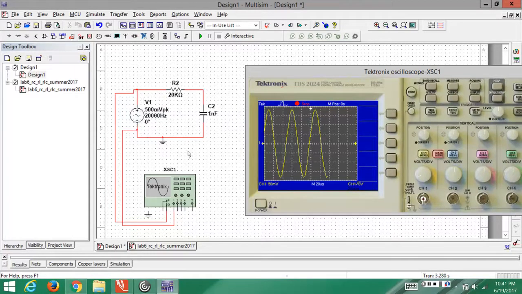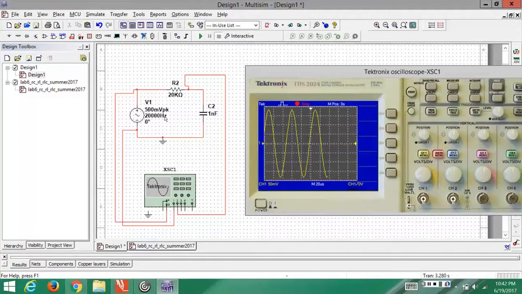And then I have channel 2 come in on the other side of resistor 2. That way I'm measuring the voltage drop across this common ground that is being shared by both channel 1 and channel 2 of the oscilloscope.